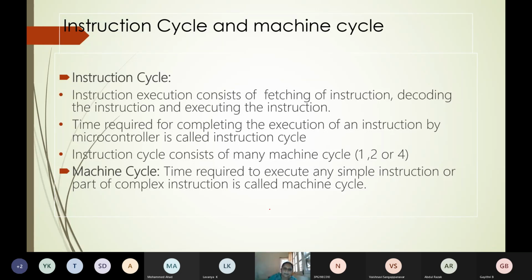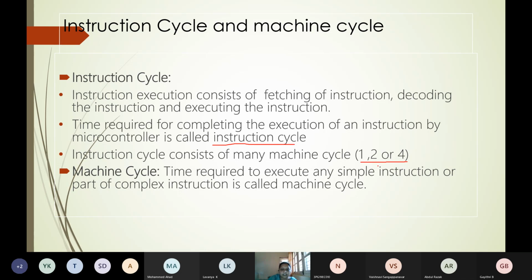The time required to execute and complete an instruction is called the instruction cycle. The instruction cycle consists of one, two, or four machine cycles, depending on the instruction.